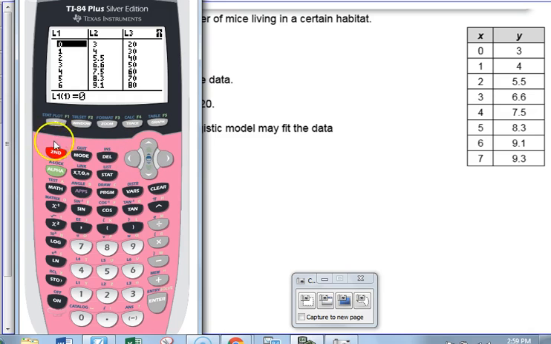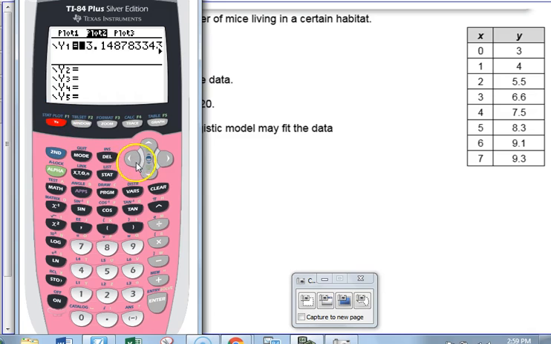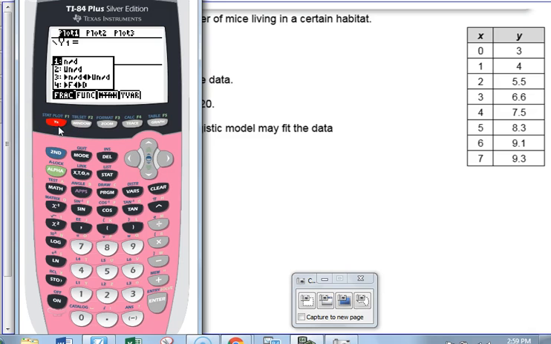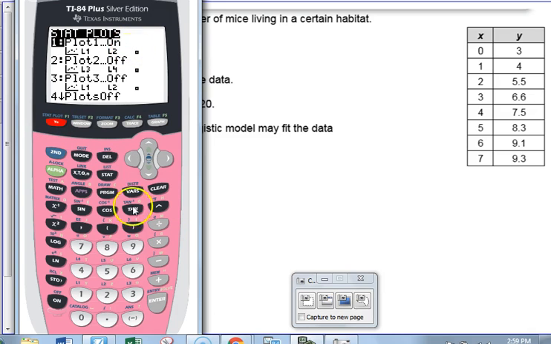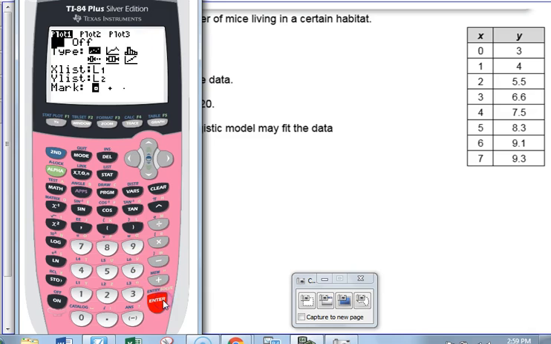Did everybody turn their stat plot on and look at it? So we go second Y equals, and turn Plot 1 on and make sure it says list 1 and list 2.